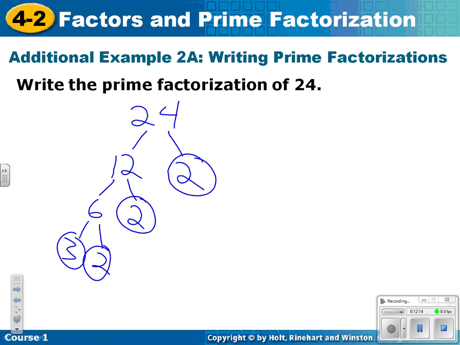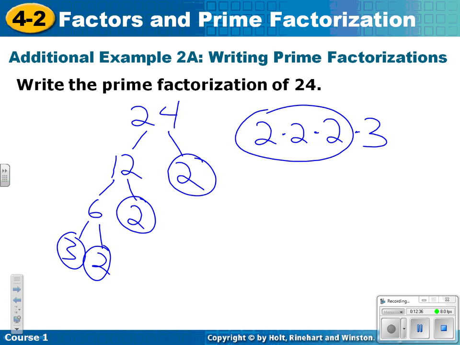It says write the prime factorization. So you need to write this out. 2 times 2 times 2. How many do I have? 1, 2, 3. Okay. Times 3. You are still not quite done. Because you know what I see here? I see 3 of these. So I'm going to write this. 2 to the 3rd power times 3. I'm shortening this up.